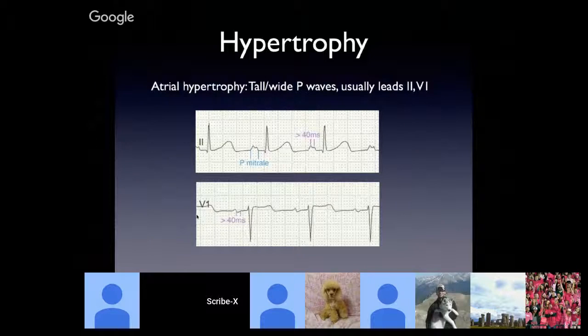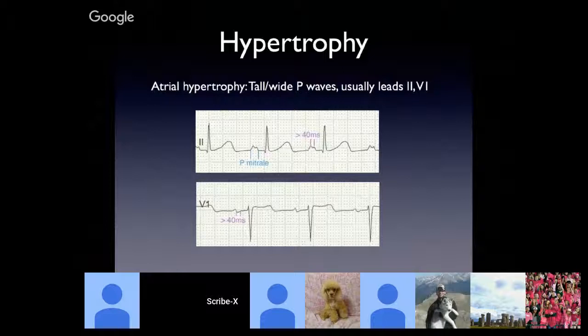Left atrial hypertrophy is caused by problems getting blood out of the left atrium for a variety of reasons, but most commonly because of valve stenosis. You have the mitral valve, which admits blood from the left atrium into the left ventricle.